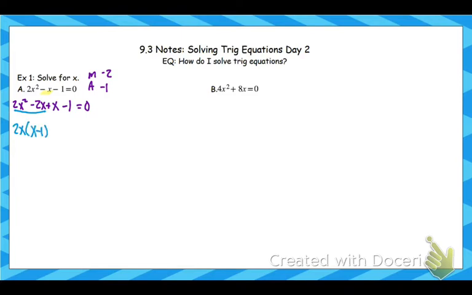Then we go to the next two terms. There's nothing common there, so I'm just going to do plus 1, which leaves me with x minus 1. Since those parentheses match, that's going to be my first factor. Everything that's not in those parentheses is my second factor. Then to actually solve, we take each factor and set it equal to 0 to get our answers.